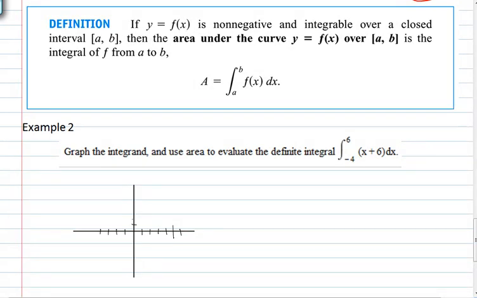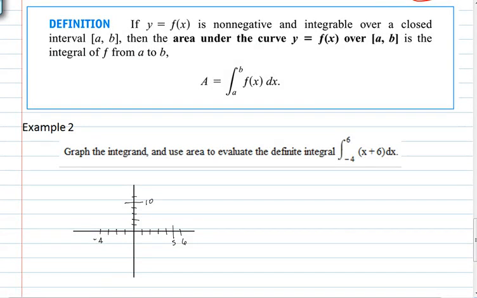And when x is 6, y is 12. I'm going to let each of the y-axes be 2 points because otherwise I run out of space. Here's -4, there's 5, and 6.